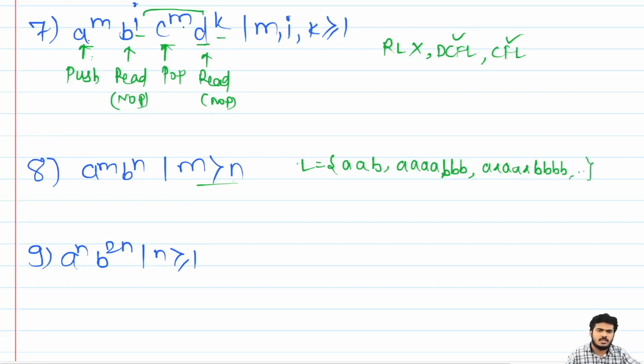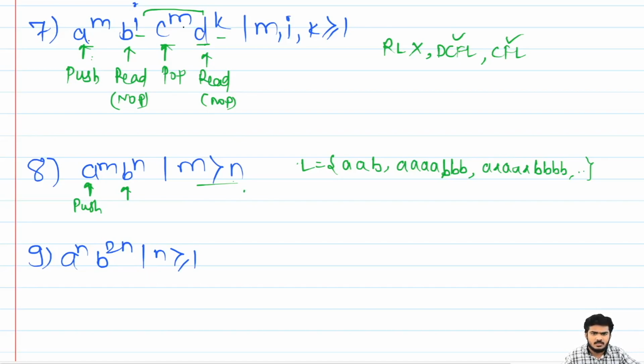So whenever such a thing comes, we are able to design a deterministic PDA for this. How will we check whether a is more or not? We push a's into the stack when a occurs, and after getting b, we start popping each a with each b.